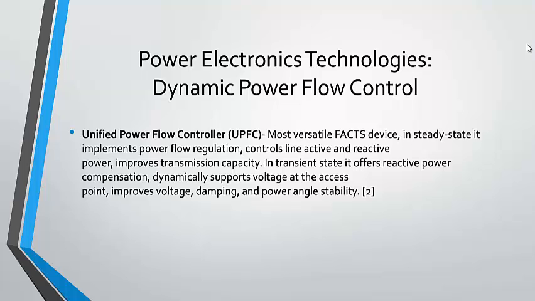In steady state, it implements power flow regulation, controls line active and reactive power, and improves transmission capacity. In transient state, it offers reactive power compensation, dynamically supports voltage at the access point, and improves voltage, damping, and power angle stability.